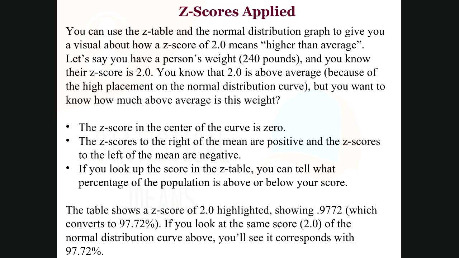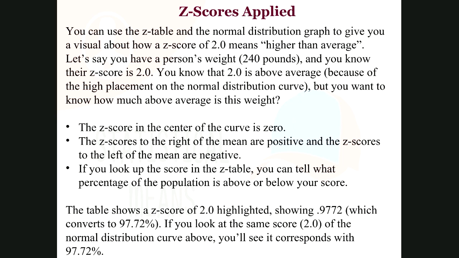So we can say the person who weighs 240 pounds is two or more standard deviations above the mean. They represent only 2.28% of the normal population.